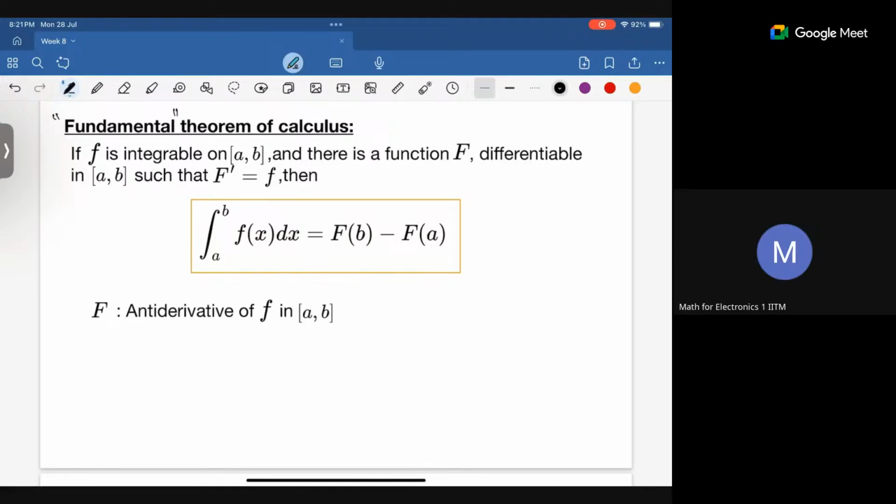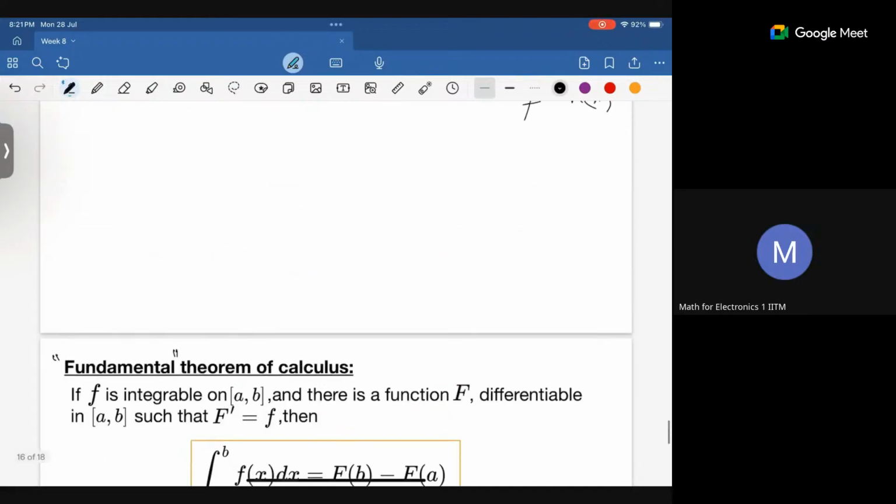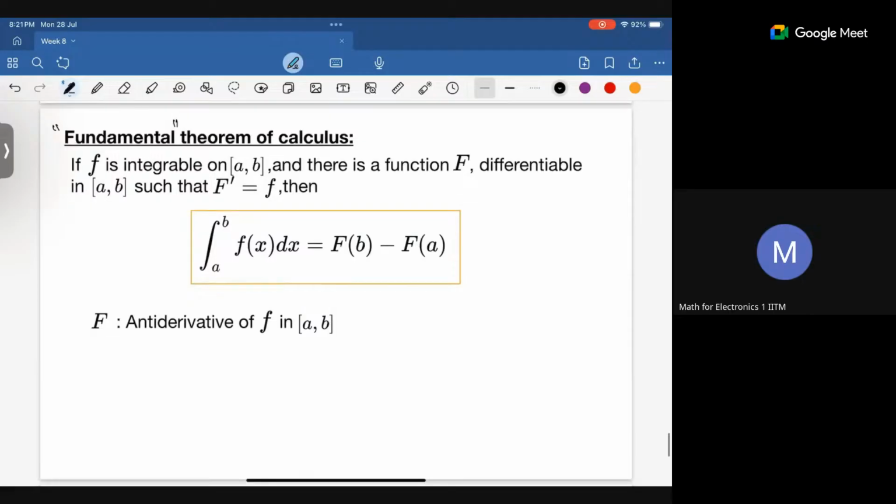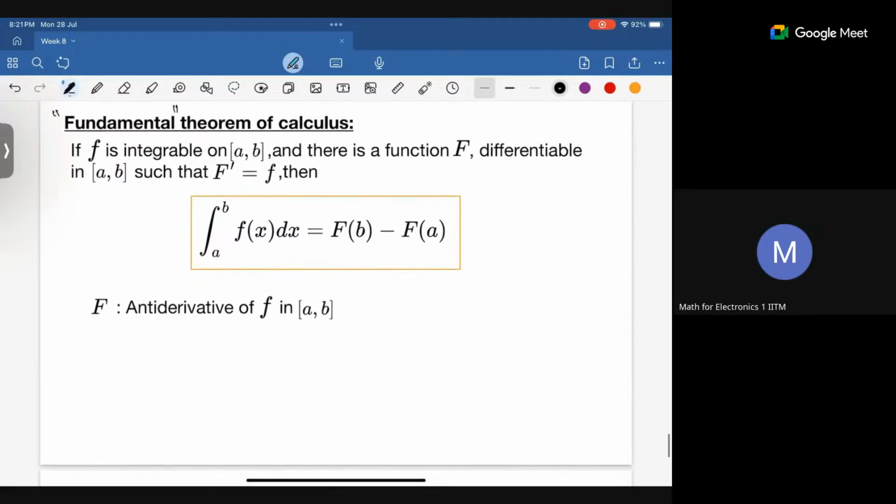And to our surprise, we have already used this just before, right? So this is the theorem.